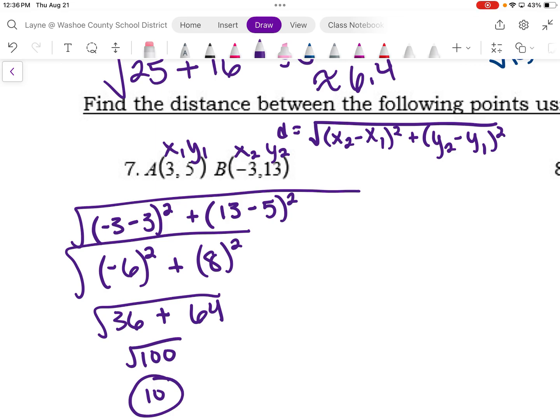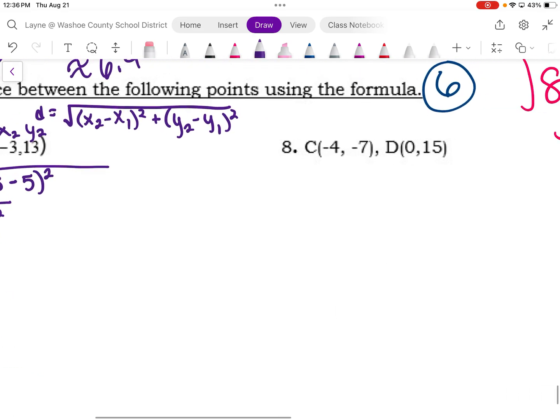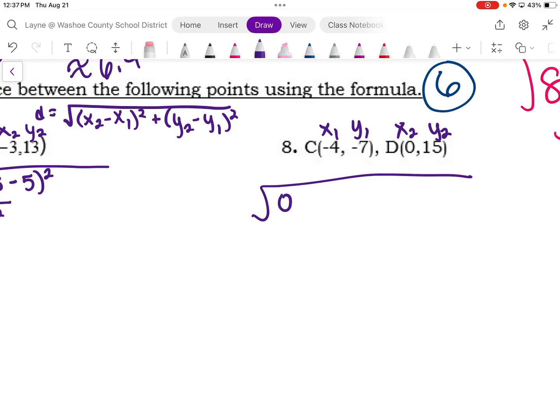All right, and then the final one, x1, y1, x2, y2. We'll plug into the formula. x2 is going to be 0 minus x1, which is negative 4, squared, plus y2, which is 15, minus negative 7, squared. This becomes positive. This will be 4 squared.